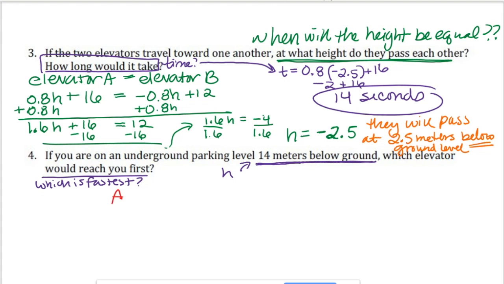So let's look at elevator A. I want to know what's the time going to be when my height is 14 meters. So we're going to go back to that original equation. We need the time because that's going to tell us which was fastest. The height is 14 meters, right?